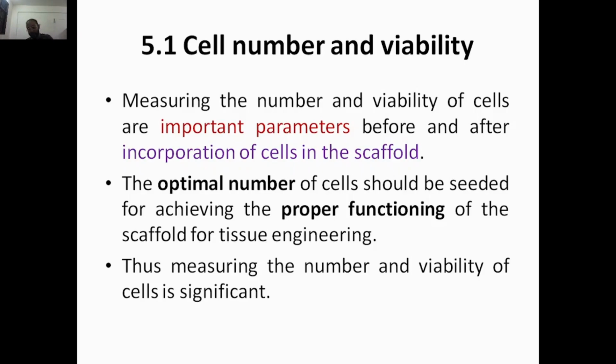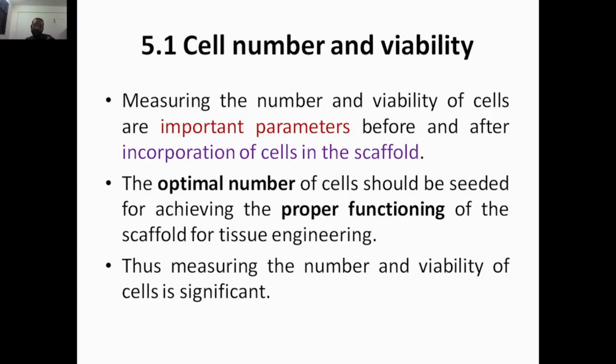Before implanting or seeding in the scaffold or extracellular matrix, you take the count of the number of cells. After seeding, when the cells get organized, they start differentiating and proliferating and finally becoming a tissue, and then you check the number of the cells. There has to be a significant difference, definitely.